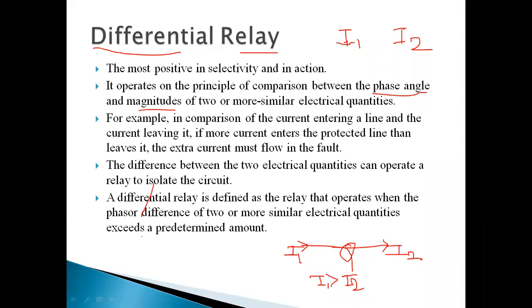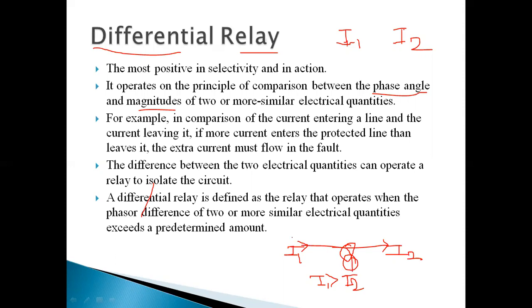the fault. So the difference between the two electrical quantities can operate the relay to isolate the circuit. That fault current, whatever current is flowing through the fault, will operate the relay, and it will isolate the circuit, means disconnect the faulty section.